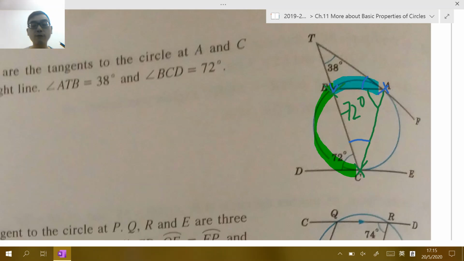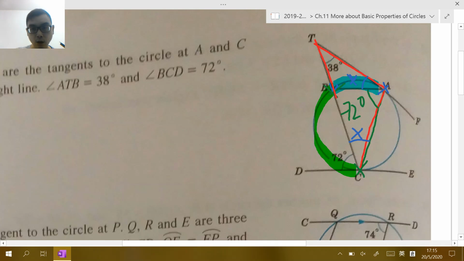If you want to make this question simpler to do, you may simply let x be your required angle. So I let x here, and you can have this one as x. Then you will have these two scenarios here: the two tangents give you two pairs of angles in the alternate segment. After you have marked these two pairs of angles, you can see that the 30 degrees, this one, has not been used yet, so you have to use it by considering the last triangle, which is this one.